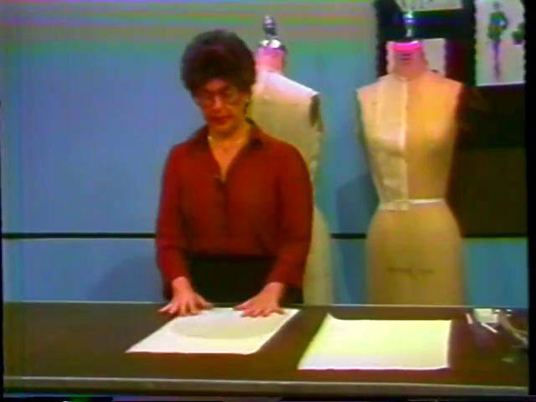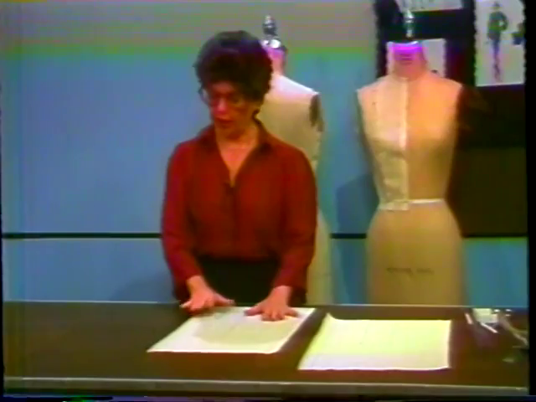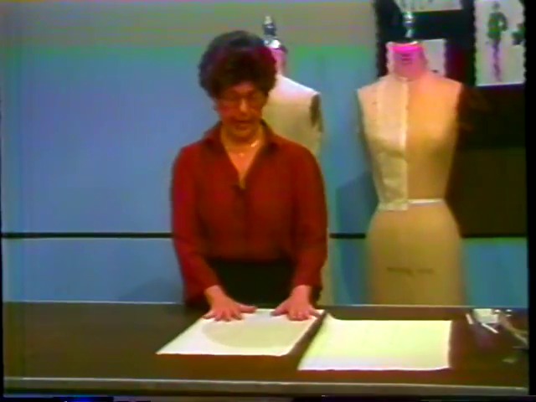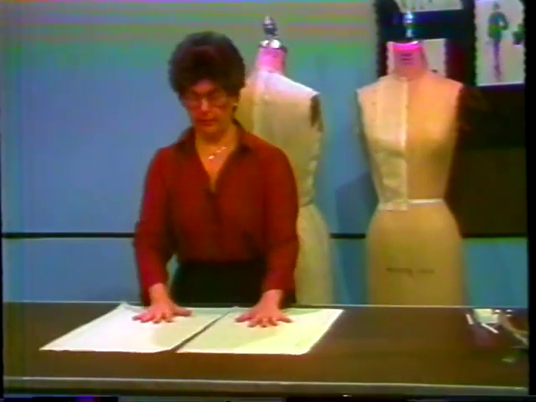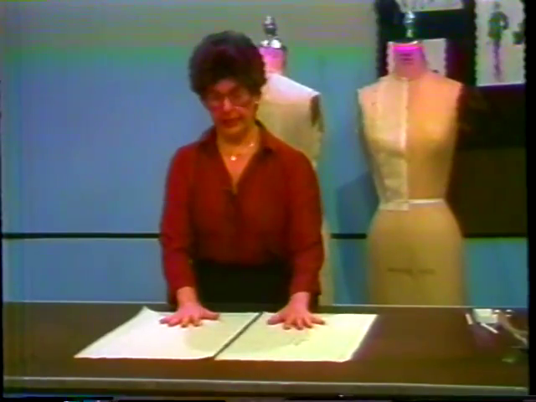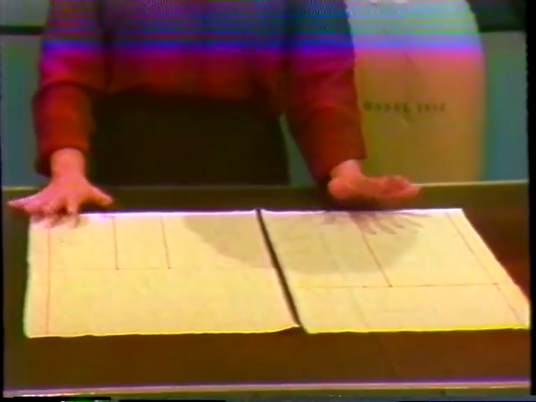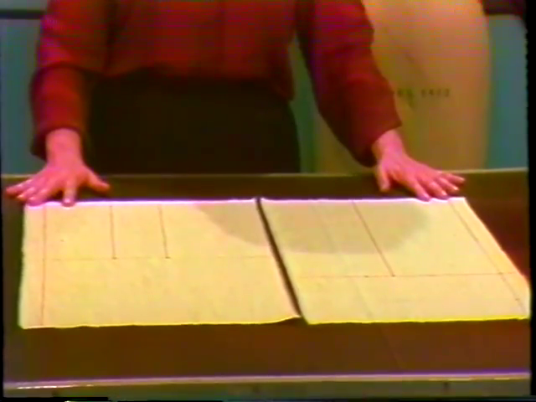Having drawn this lengthwise grain, we have now completed the marking of the back, and placed together in this manner, you have both the back and the front prepared to drape.